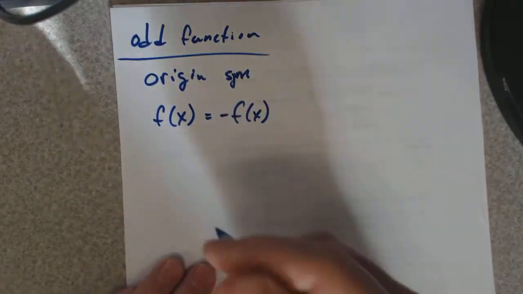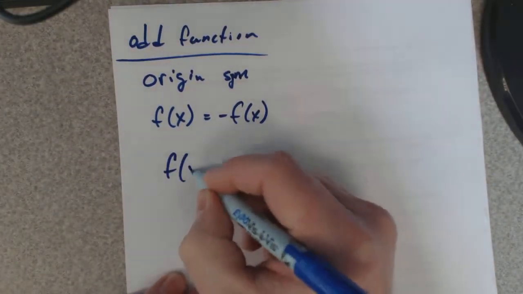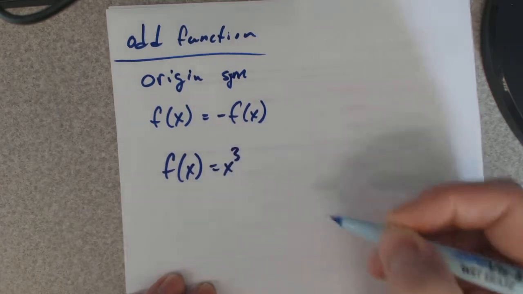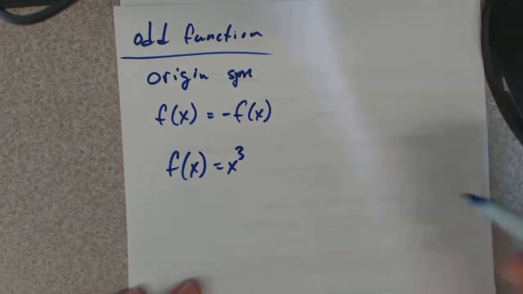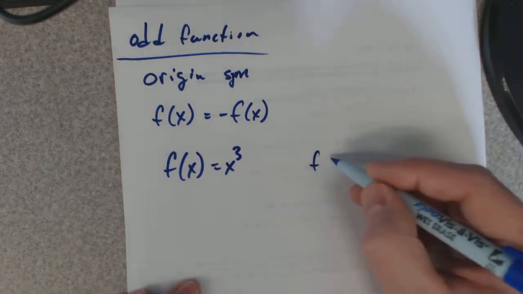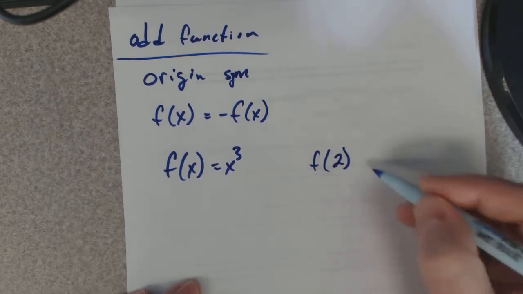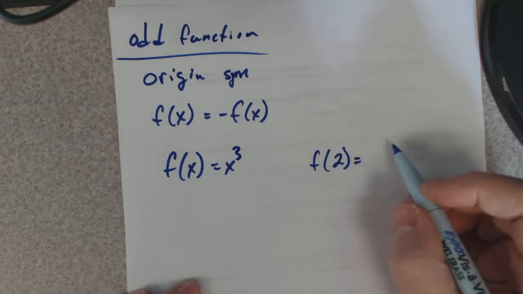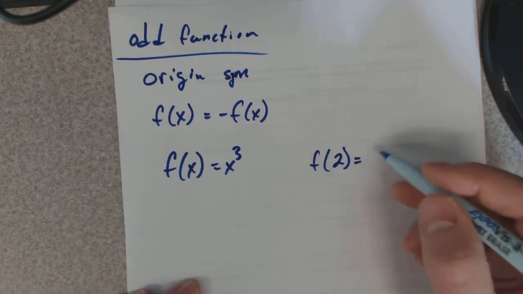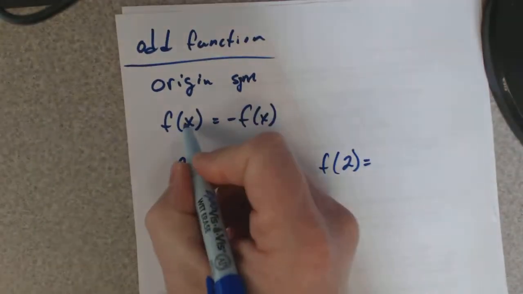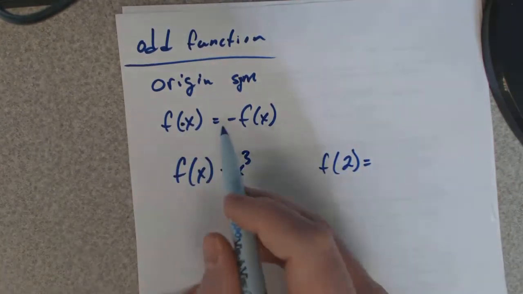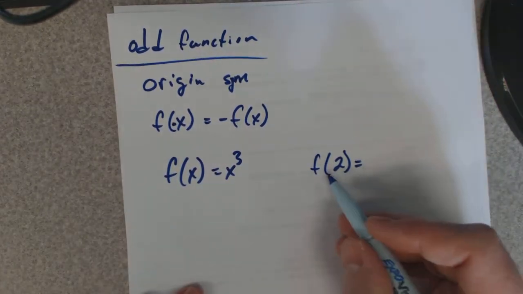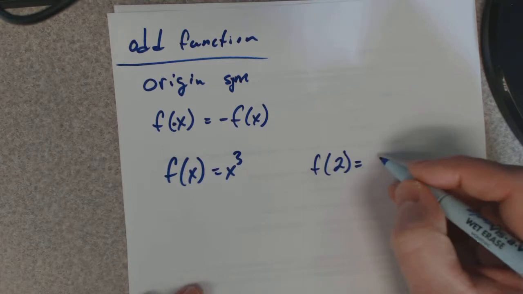So a second ago we looked at the graph of f of x equals x cubed, and then we said that was odd. Well, look at what happens when I plug a number in. What happens when I plug a number in like 2? I'm sorry, I said that wrong. F of negative x equals negative f of x. Okay, so if I plug a 2 in, what do we get?